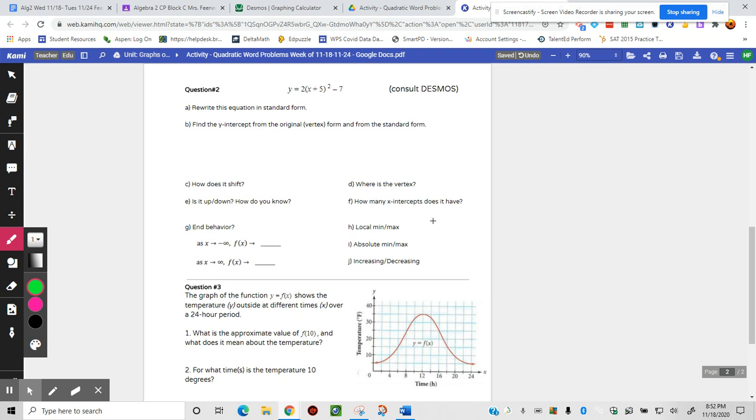Try and rewrite it, find the y-intercept, answer the questions of how it shifts, answer both questions. And then when you're finished, make sure you take a picture and you submit it under this assignment. I will post the answers so that you can check them to make sure that you guys are on the right track and that you understand how to rewrite them, how to find the y-intercept, and all the other different pieces.